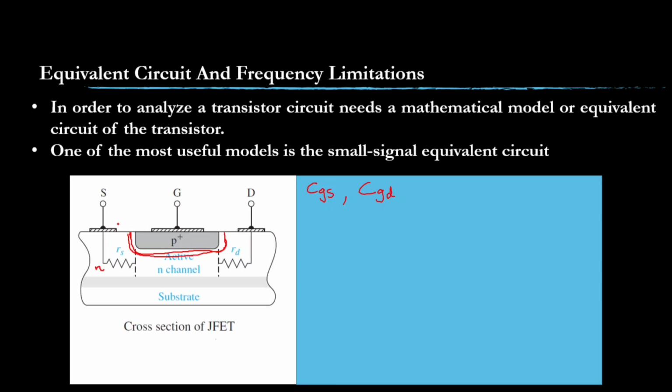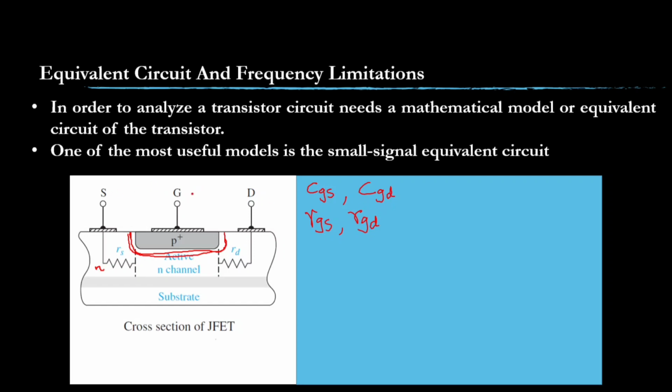The diffusion resistance between gate and source I can represent as RGS. Similarly, there is a diffusion resistance between gate and drain, represented as RGD.